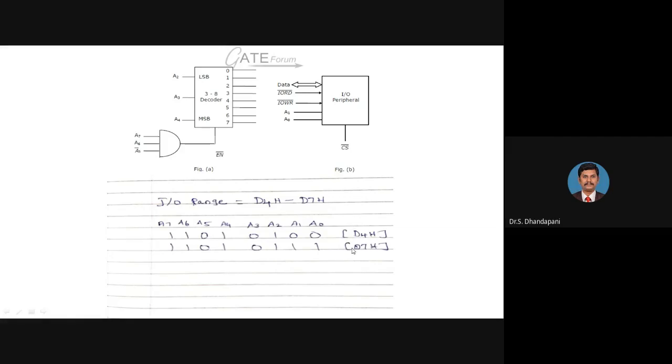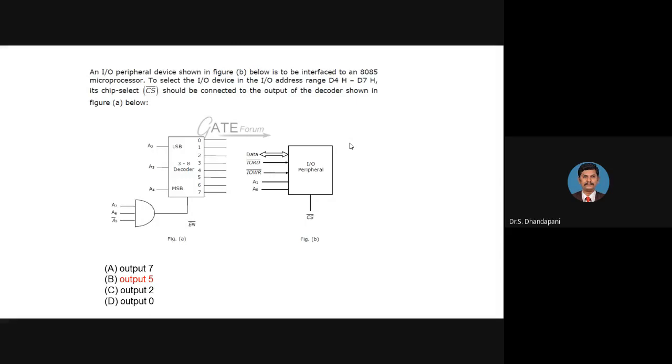From the connection, we have identified that when these values are 101, output 5 is selected. So only if we connect output 5 to the chip select bar, the given specification will be met. So the correct answer is output 5 should be connected to the chip select bar.